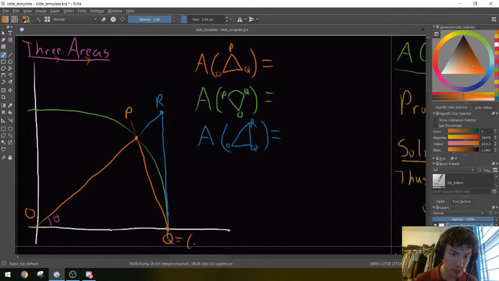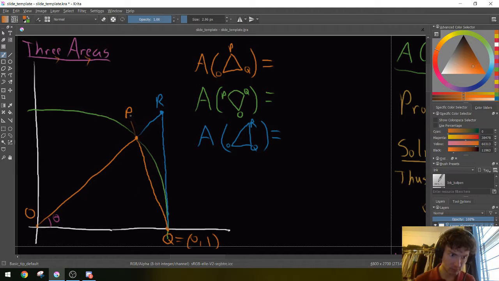Q is 0, 1. So first let me ask you, if we're finding the area of the orange triangle, which is half base times height, and the base is 1 because this goes from O to Q, we need the height. So what is the y-coordinate of the point P in terms of theta, using some trigonometry?